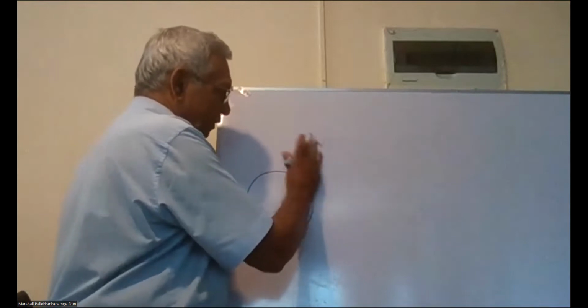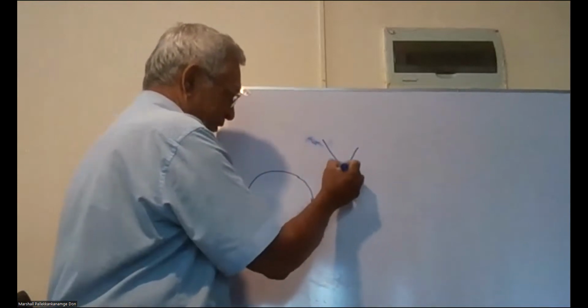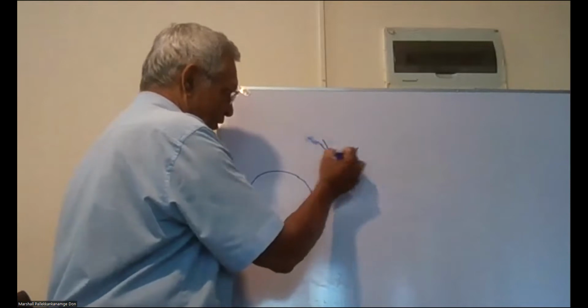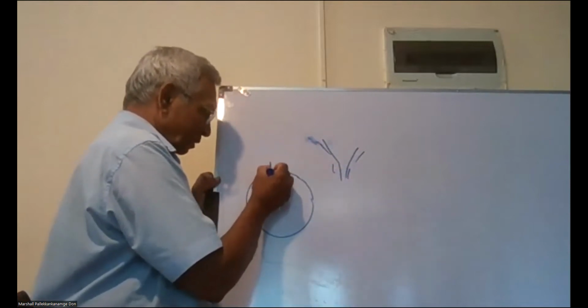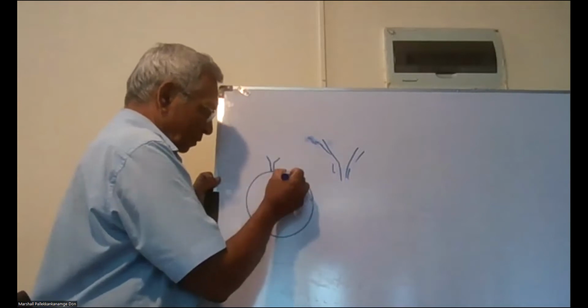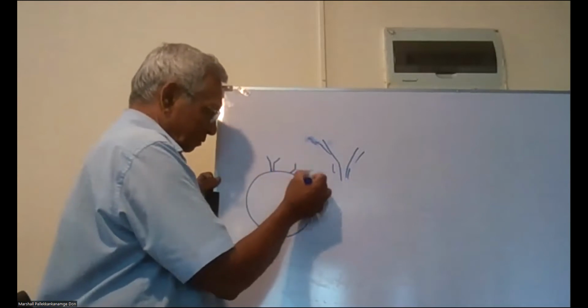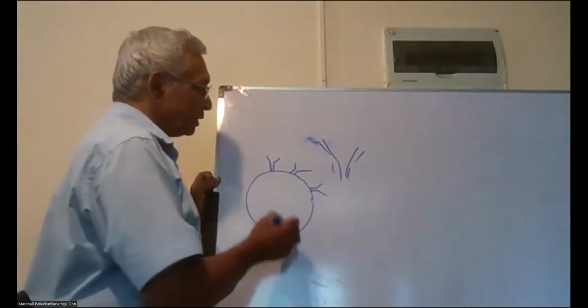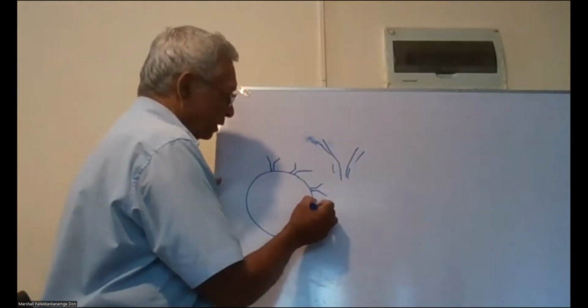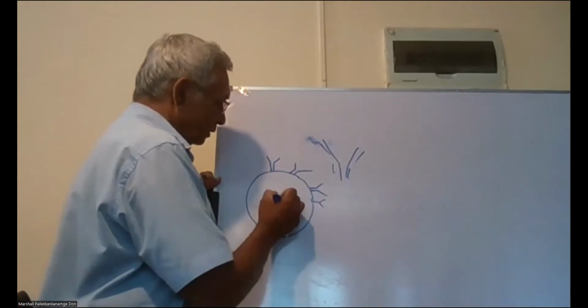Antibodies are proteins, they have a body shape. These antibodies sit here, on the mast cell surface.